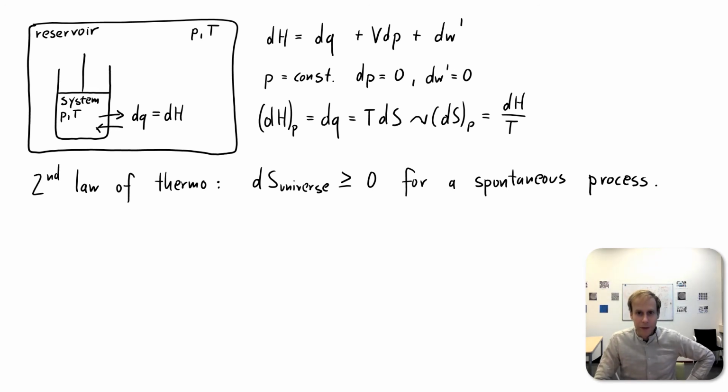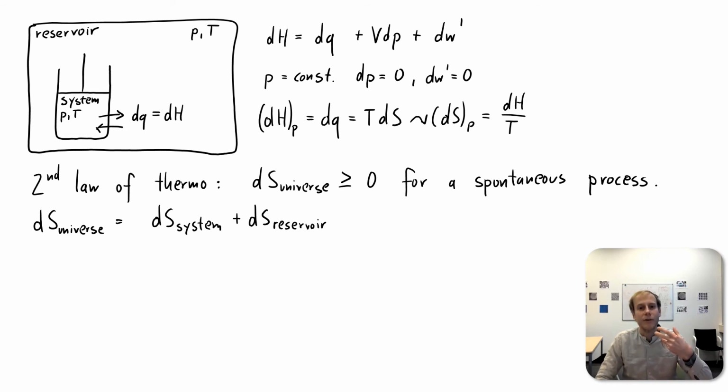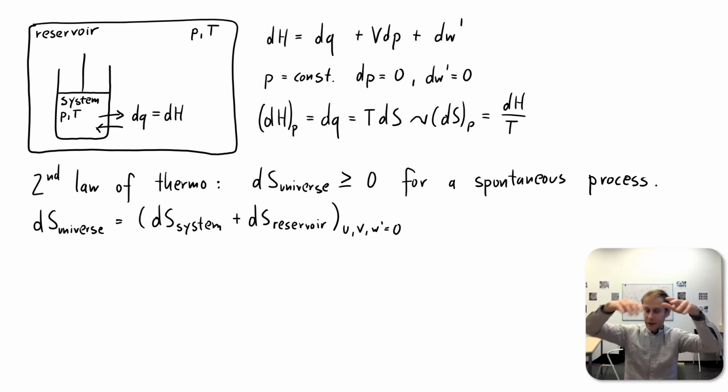Okay, so what does that mean, the entropy of the universe increases? It means that the sum of the entropy change of the system plus the entropy change of the reservoir, these two together, will increase. And for this example here, the reservoir is representing our whole universe.